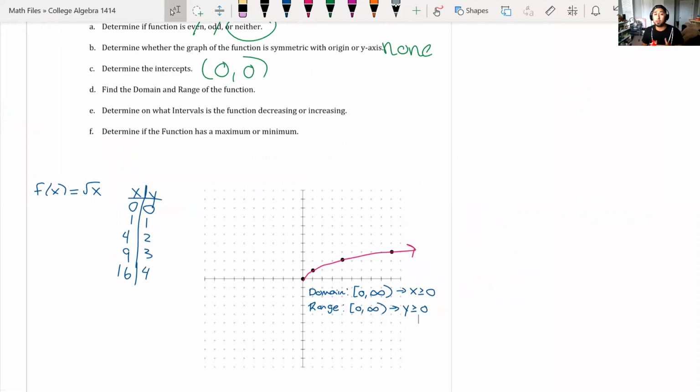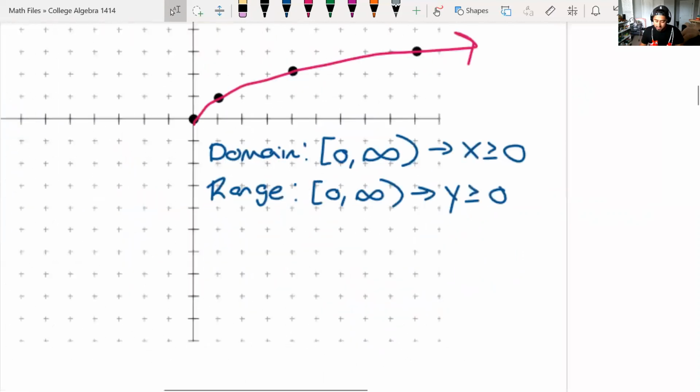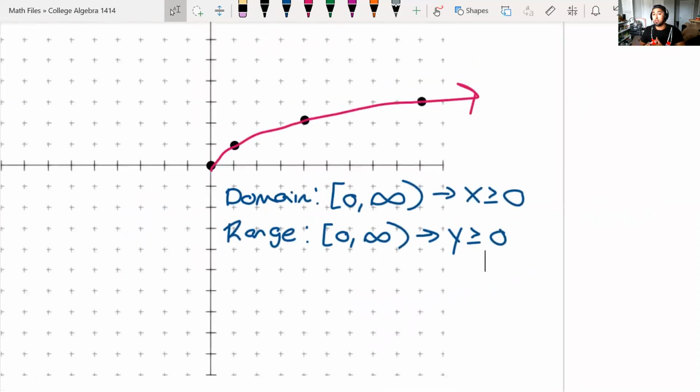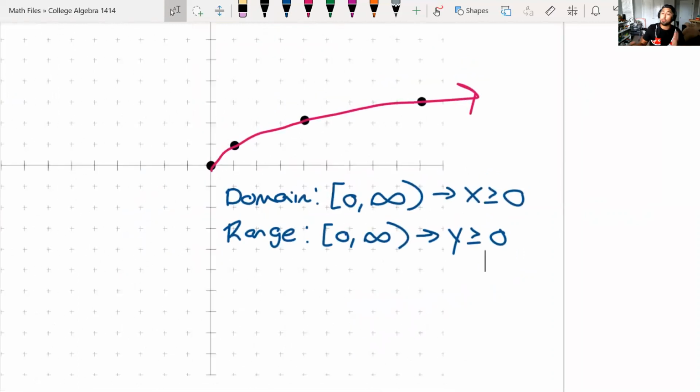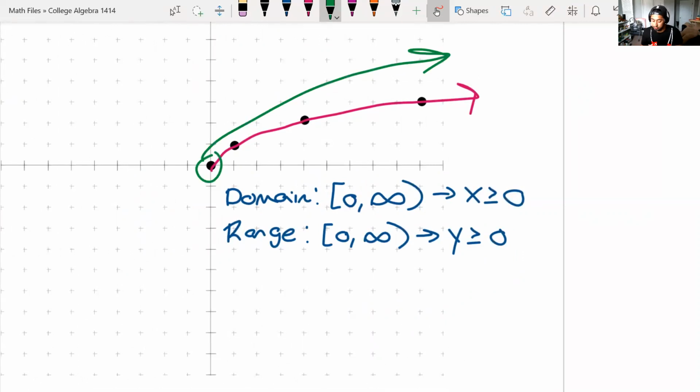And then it says, what intervals is this function increasing or decreasing on? Well, let's zoom in again. And remember, for intervals of increase and decrease, we look from left to right. So this function, if you look at it, it starts at 0 and is just constantly increasing, right? Constantly increasing.